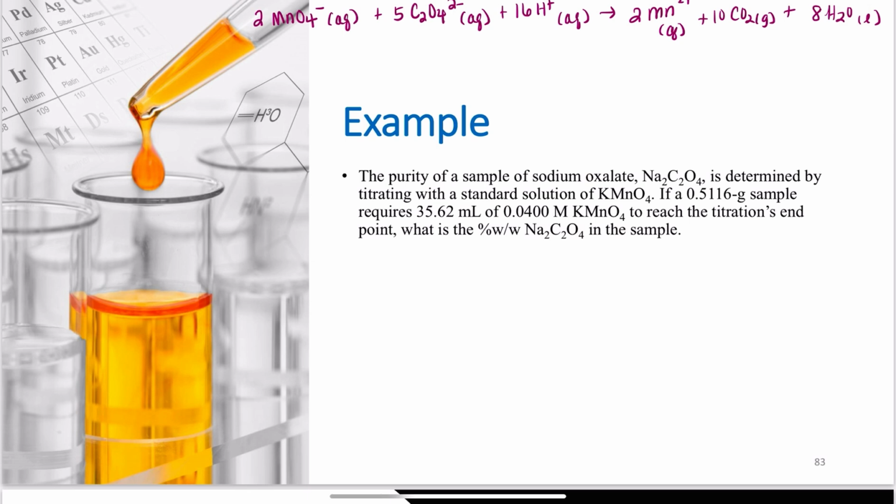It tells me in the question that I have 0.0400 molar potassium permanganate, which again is a 1-to-1 ratio, 35.62 mL is used up. I want to know the number of grams of sodium oxalate.